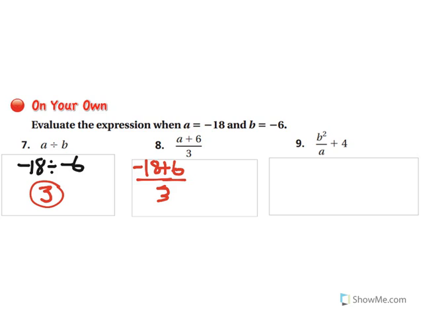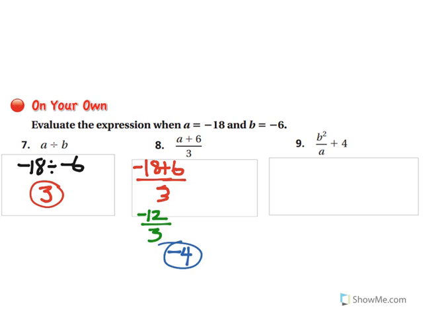It's kind of like it's in parentheses. So we do -18 plus 6, which would get us -12, divided by 3. And then -12 divided by 3 gets us -4. So hopefully you got -4 for your answer.